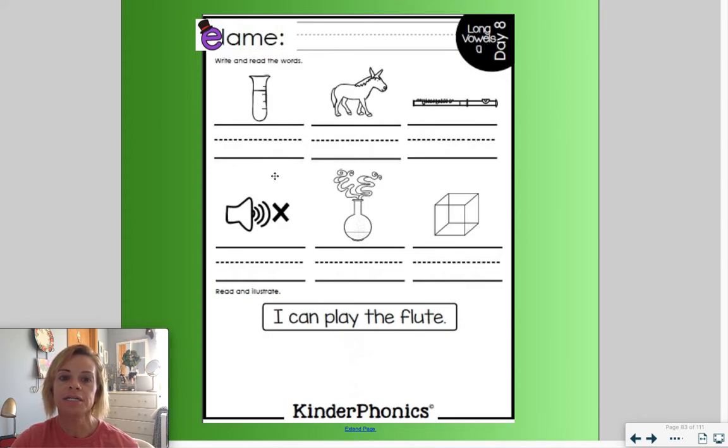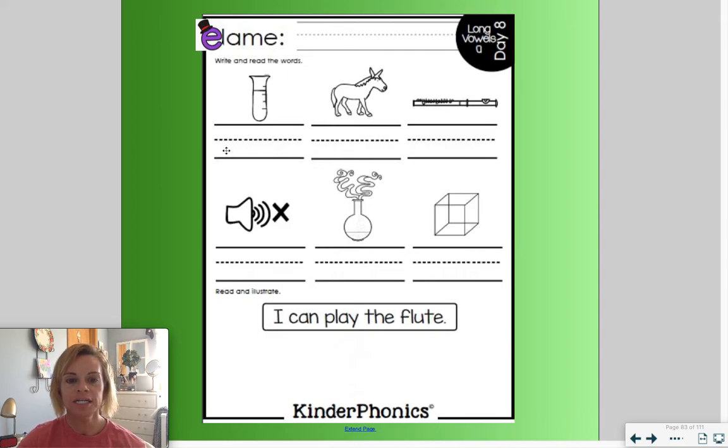The pictures in the top row today are tube. This is a different kind of a tube. It's called a test tube. Then there's a mule, and the last picture is a flute. Go ahead and push pause and stretch and write the letters to spell tube, mule, flute. When you're ready to check your work, push play.